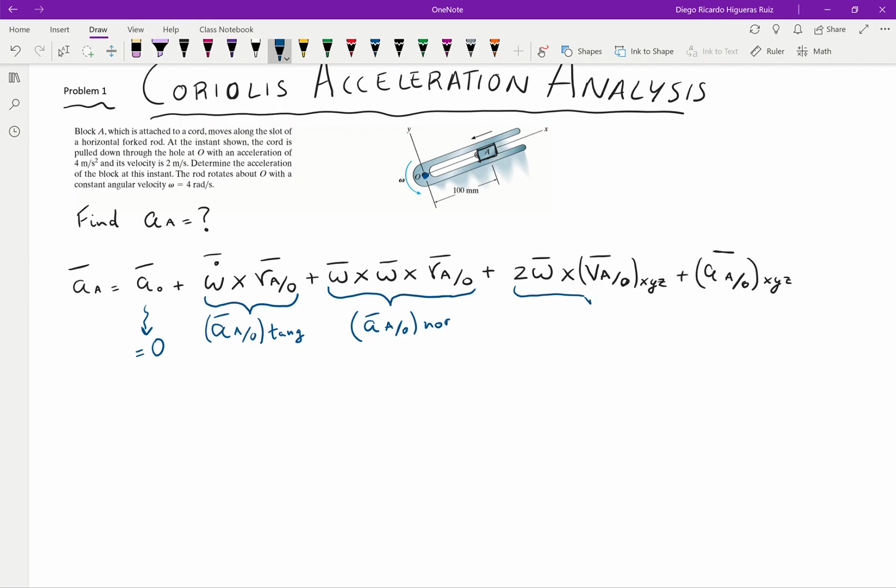Then we're gonna have the Coriolis acceleration, and this last term, which is the acceleration of point A respect O from the moving reference system.